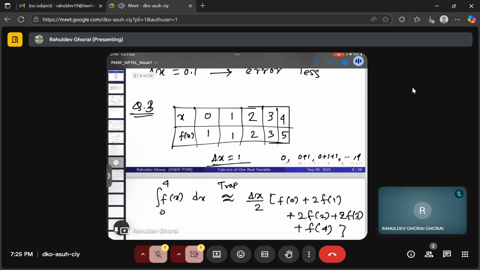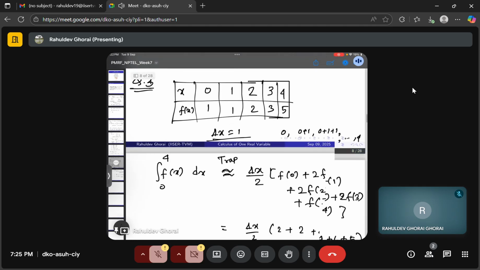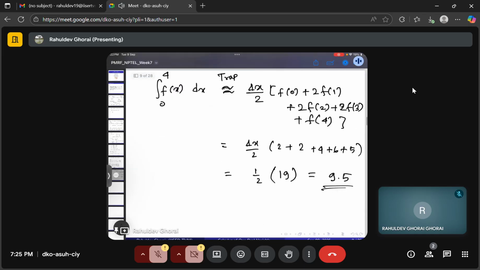So if you know a few points, like at 0 the function value is 1, at 1 it is 1, at 2 it is 2, at 3 it is 3, and at 4 it is 5, then you can use the trapezoidal rule to find the approximate integration value of the function, and the area will be 9.5.